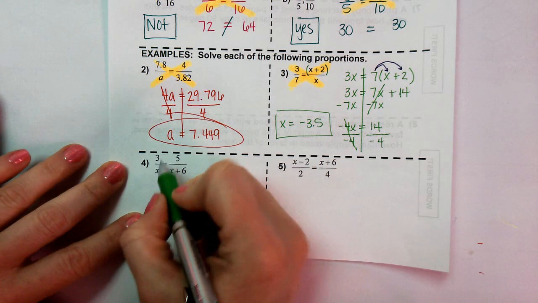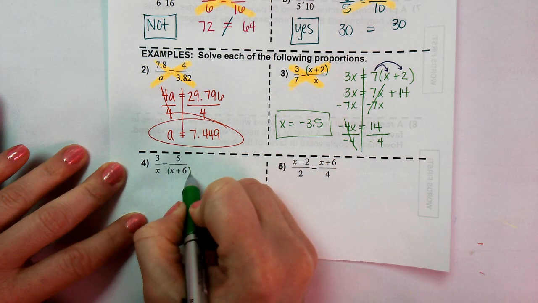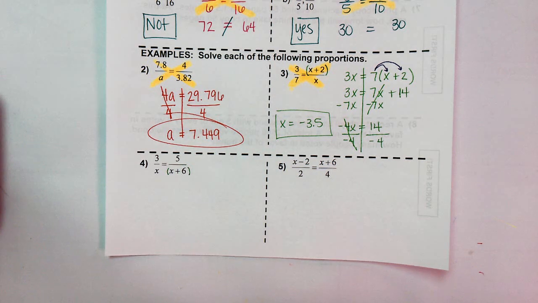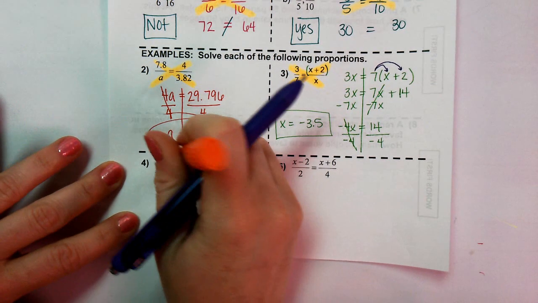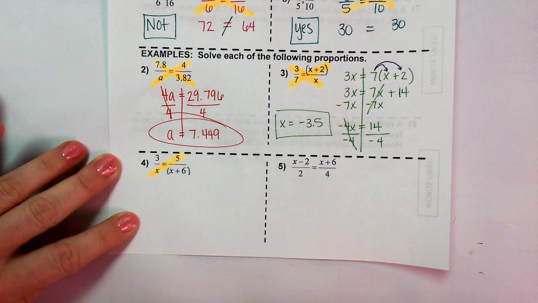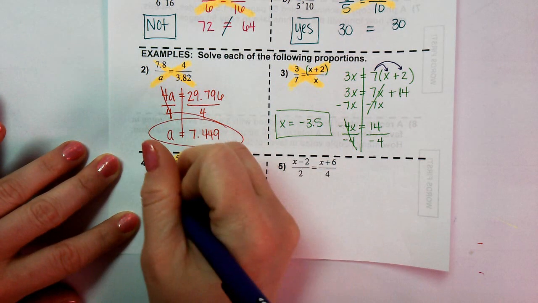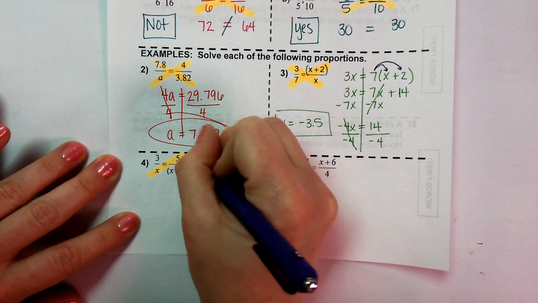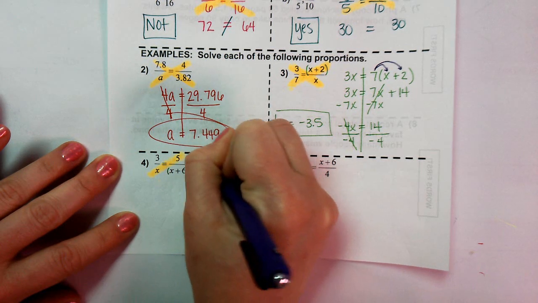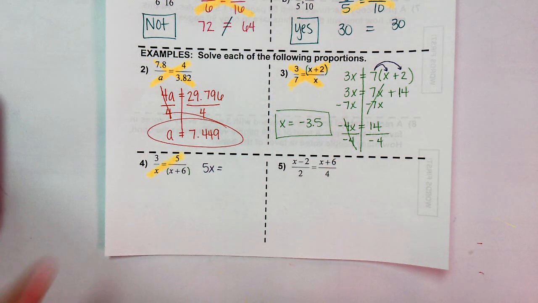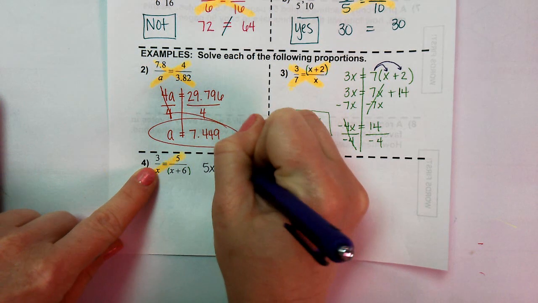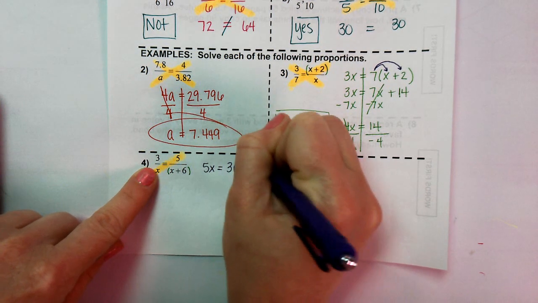So again, on number 4, here we have 2 terms on the bottom left, so I'm going to have to distribute. So when I cross multiply, it's not too much work. 5 times x is 5x equals, this time I have 3 times x plus 6.